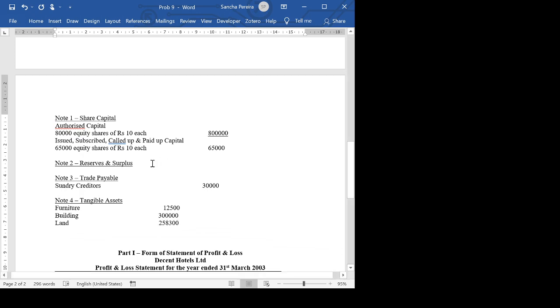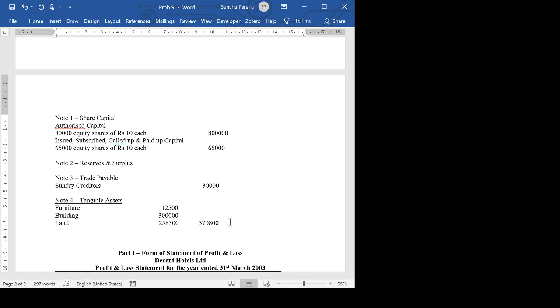If we total this, we are going to get the total first: 3 lakhs plus 2,58,300 plus 12,500 comes to 5,78,000. This is the total. So that's our tangible assets.